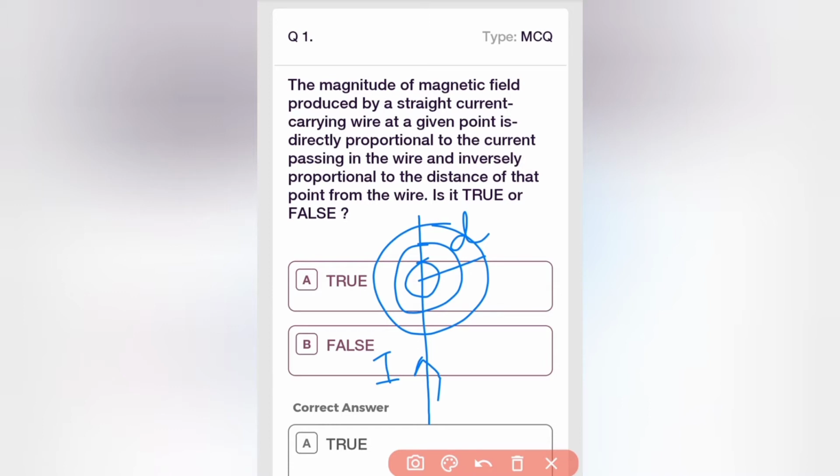The magnetic field strength is going to increase. So the field strength will increase when the current is increasing, and field strength will decrease when the distance is increasing. So therefore they are inversely proportional. Okay, so this is right. The distance is inversely proportional, whereas the current is directly proportional. Option A, true.